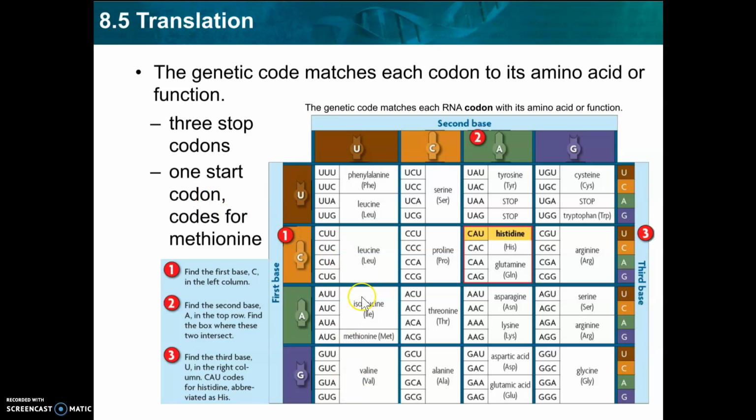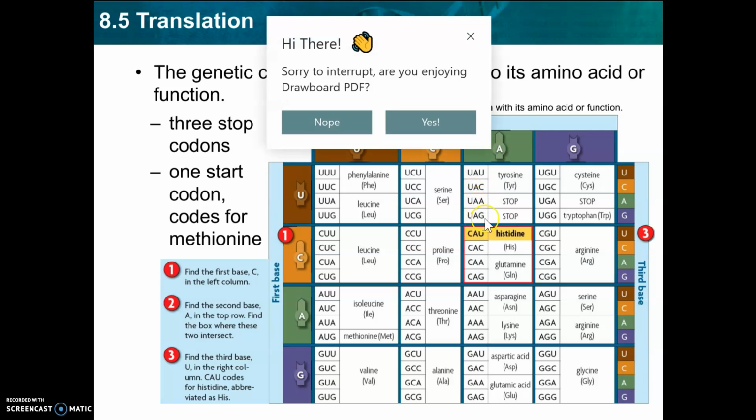Much like that one, there are 3 possible codons that code for a stop. So stop is right here. The 3 codons that code for stop in a gene are UAA, UAG, and UGA.